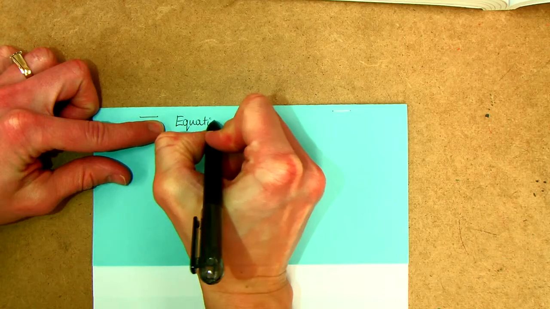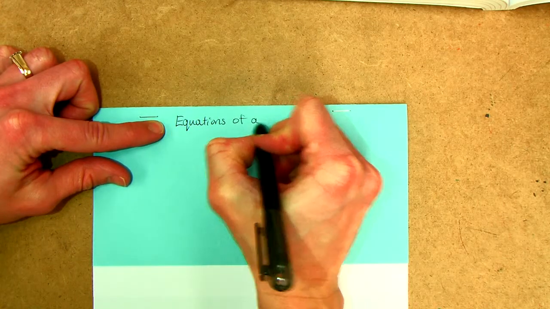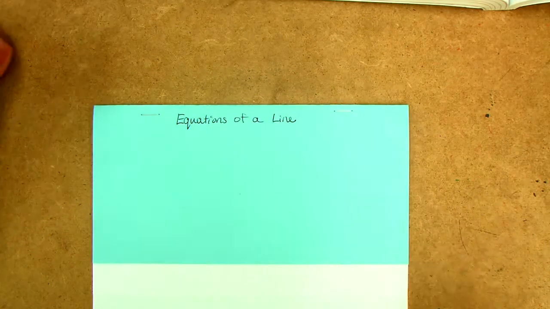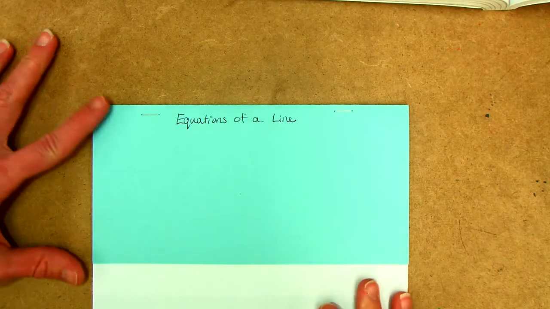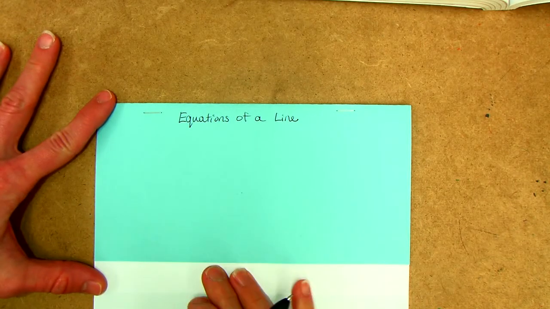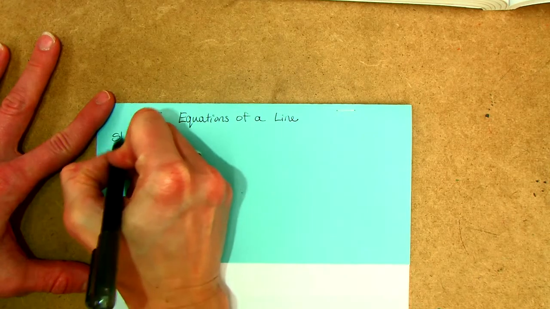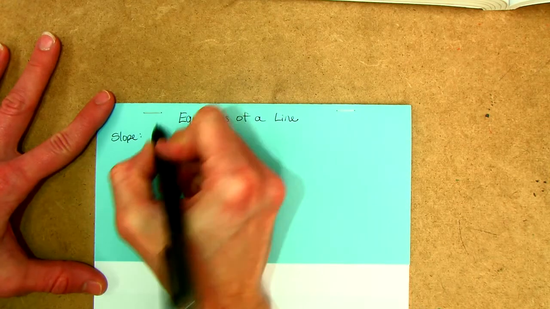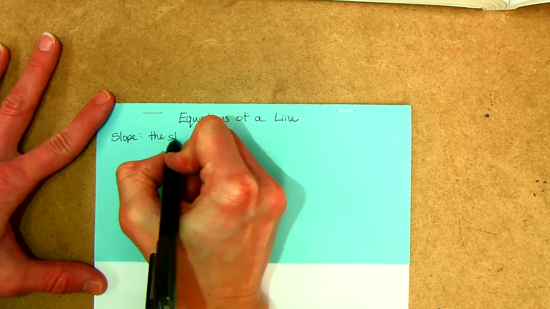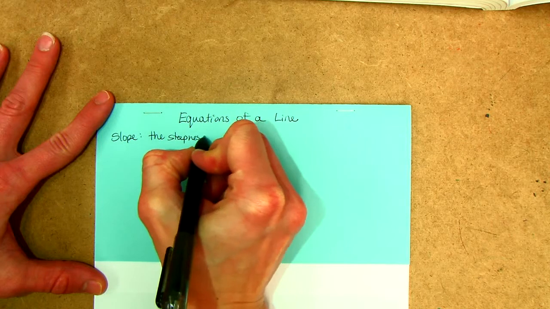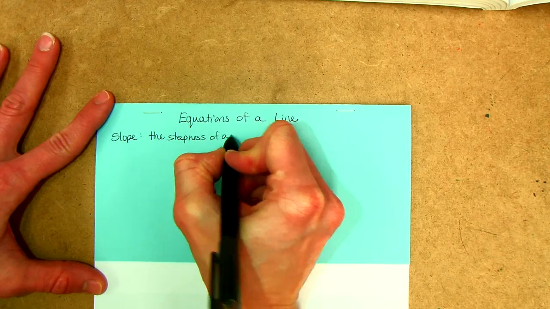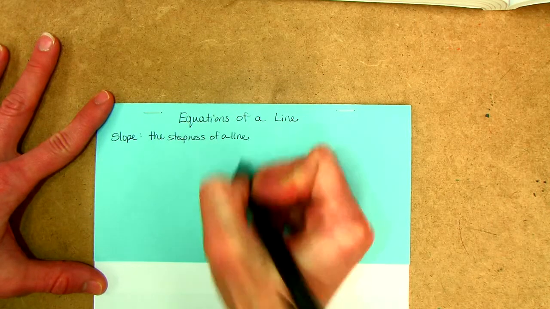But the first thing we need to talk about when we talk about an equation of a line is the slope. Remember, the slope of a line is really the steepness of a line. When I'm talking steepness, usually we're talking rise over run. We use the letter M to represent slope.